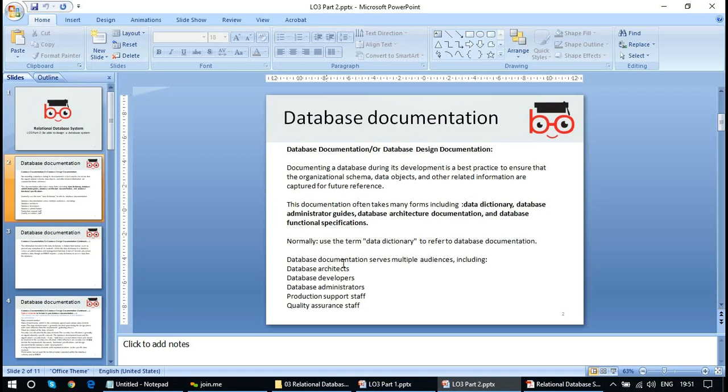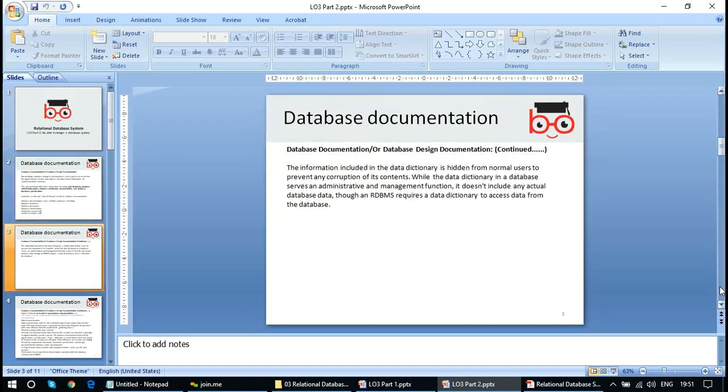The database documentation serves multiple audiences including database architects, developers, and administrators. So anyone, the user, the architect, the programmer, will refer to the data dictionary.